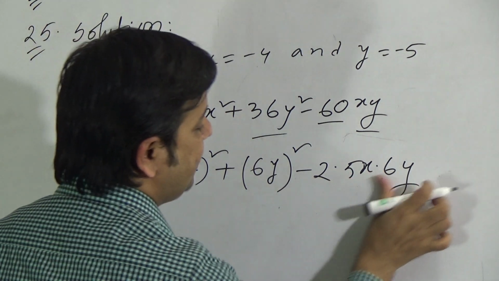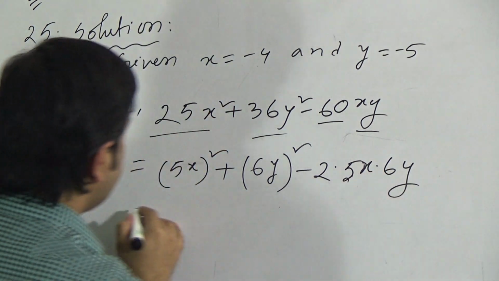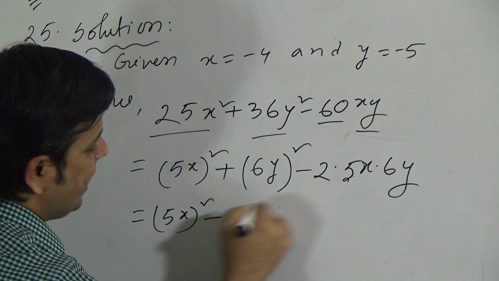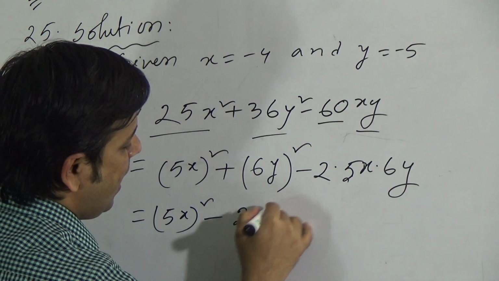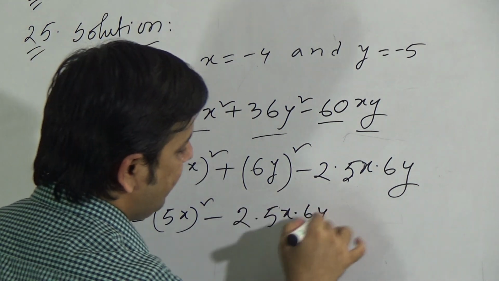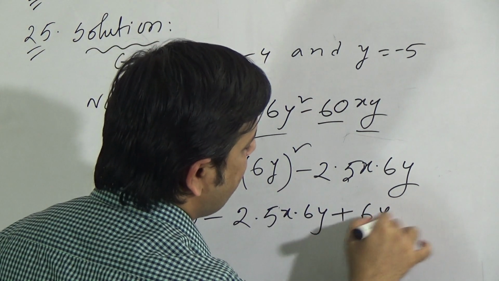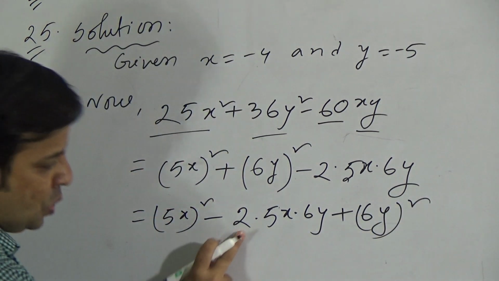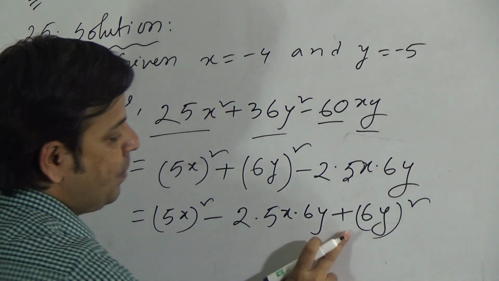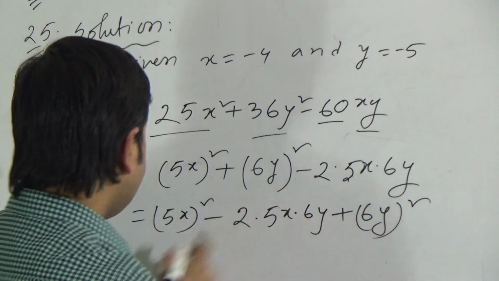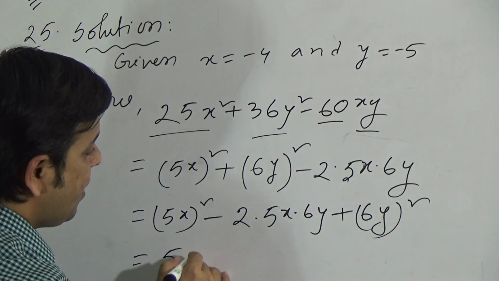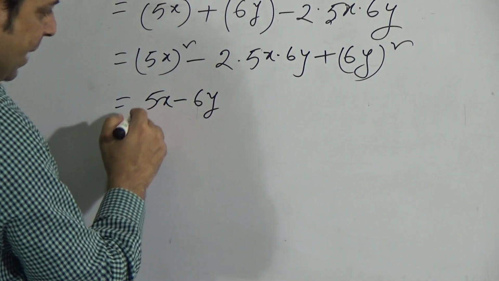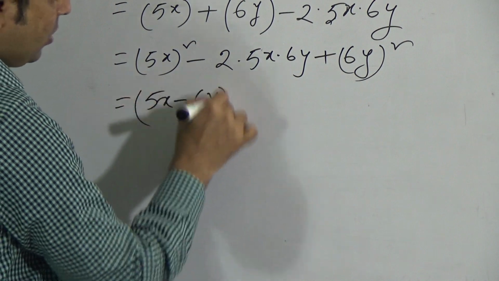So we can express this expression as (5x) whole square, it means a square, minus 2ab, plus b square, meaning (6y) whole square. So a square minus 2ab plus b square we can write as (a minus b) whole square, where a means 5x and b means 6y.